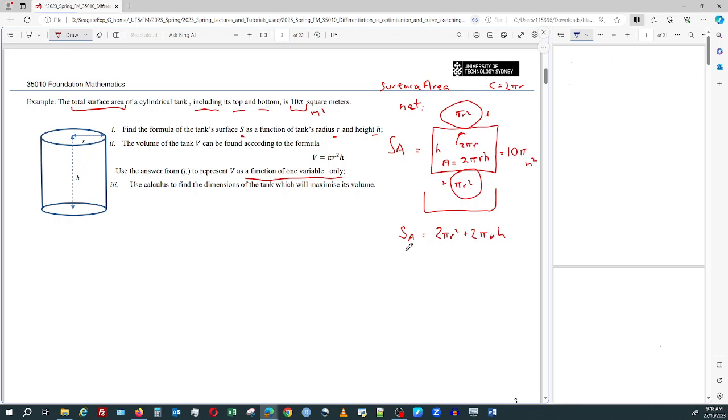Ta-da! So that's our first equation. Okay, find the formula. 1. Tick. Done it. So we've made the net of the surface area and built it up as an equation.